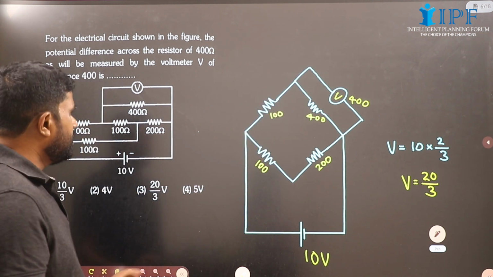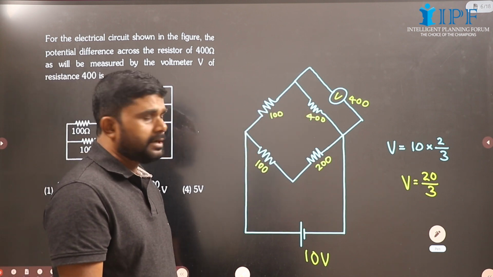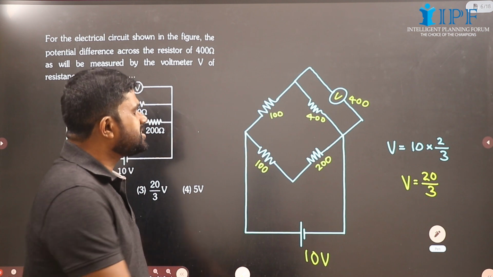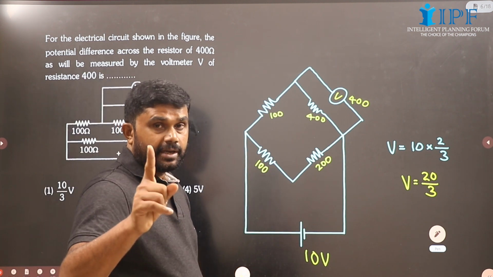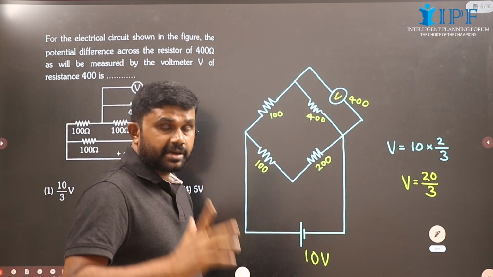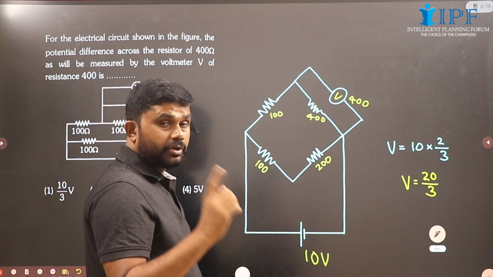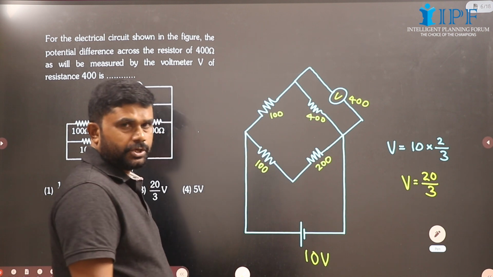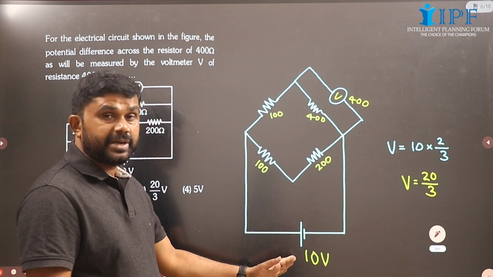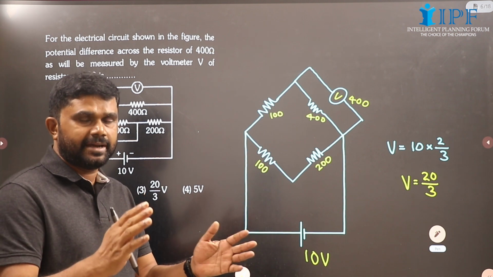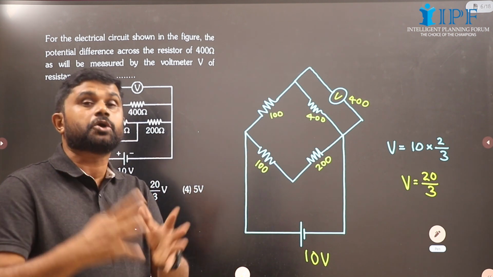So we have this 100 and 200 connected in series. Total we have 10 volt. So this 10 volt will be divided in direct proportion to their resistances. See, the resistances are 100 and 200, or they are in the ratio 1:2. So the total voltage 10 will be divided in the ratio 1:2, means we have to divide 10 into 1 plus 2, 3 equal parts.